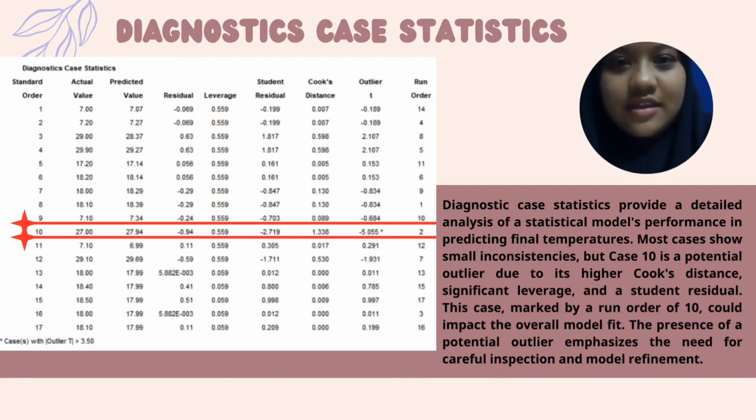This statistic shows the model projection of the final temperature of the hot water. However, based on the performance, case 10 is potentially an outlier. Therefore, case 10 must be eliminated or refinement must be done to the model.